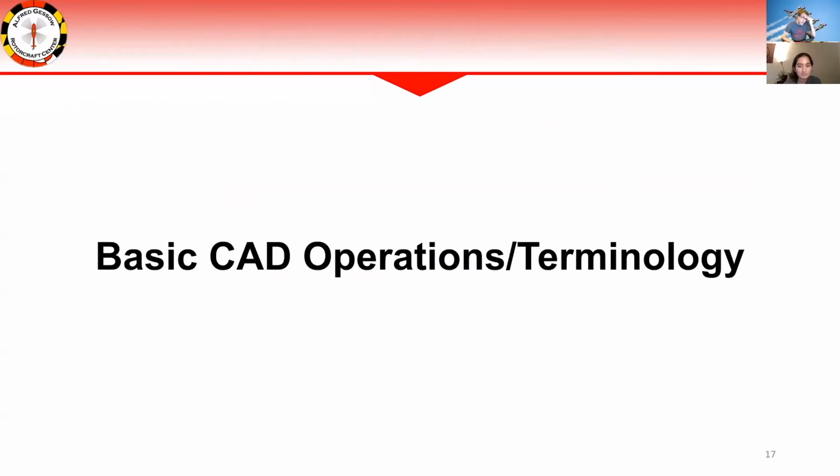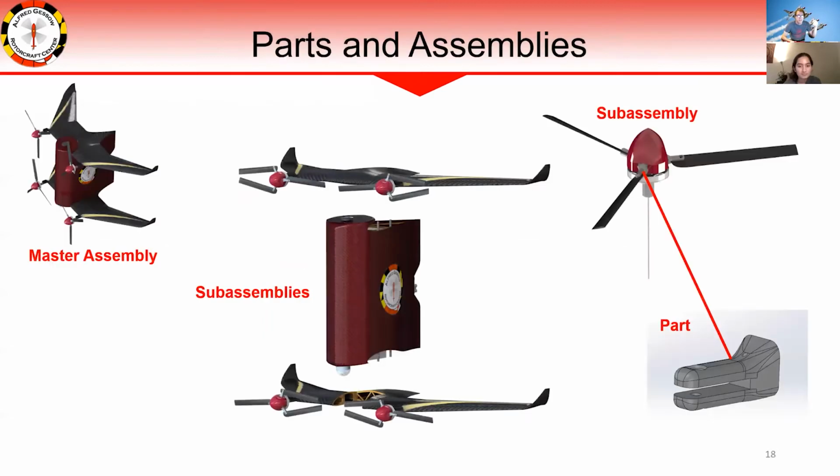Before we get into CAD, I'm just going to talk about some basic things for completeness, and then we'll talk about the rest in SolidWorks. We know what a part is. A part is just a single solid body in an assembly, and you can break your assemblies up into sub-assemblies. Depending on the scope of your project, you might want to take your master assembly and break it up into sub-assemblies, and within those, they can have other sub-assemblies.